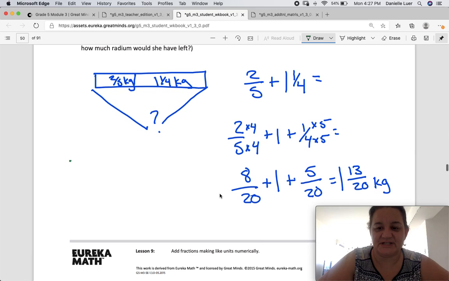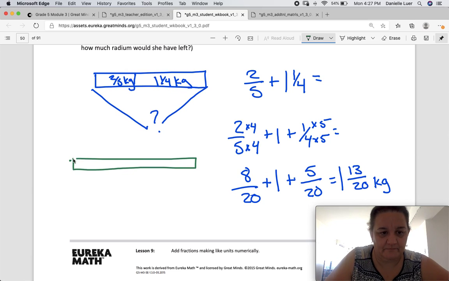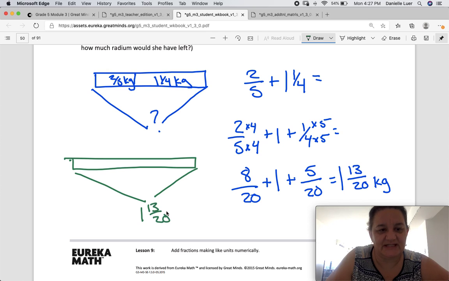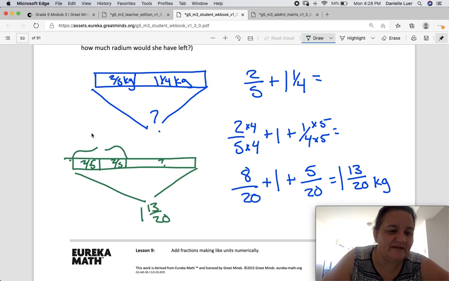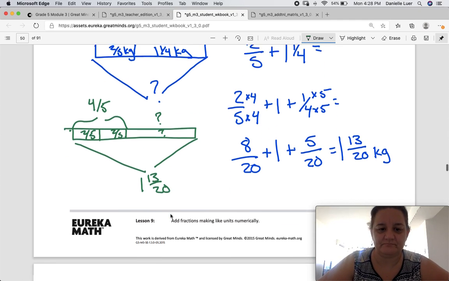So if that's how much she started with, 1 13/20, and she did it twice, so that would be 2/5 and then 2/5, and then we don't know what that is. Well, we can just add that right away, can't we? Can't we just call this 4/5? And then we have our question mark here. So now it's a subtraction problem.